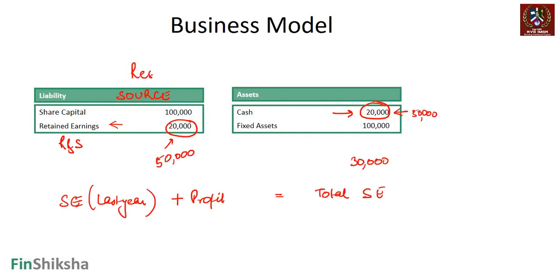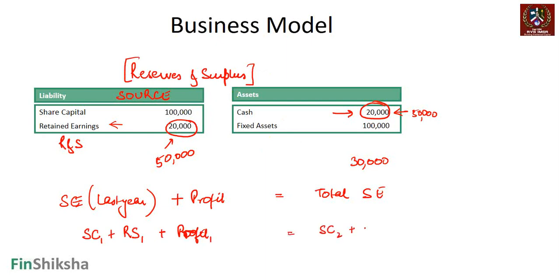Whatever extra money is left with the company that they have not given to the shareholders will sit under reserves and surplus, and that's an additive number. So every year the share capital plus reserves and surplus of year 1 plus the profit of year 1 give me the share capital and reserves and surplus of year 2. That's how it is going to continue.